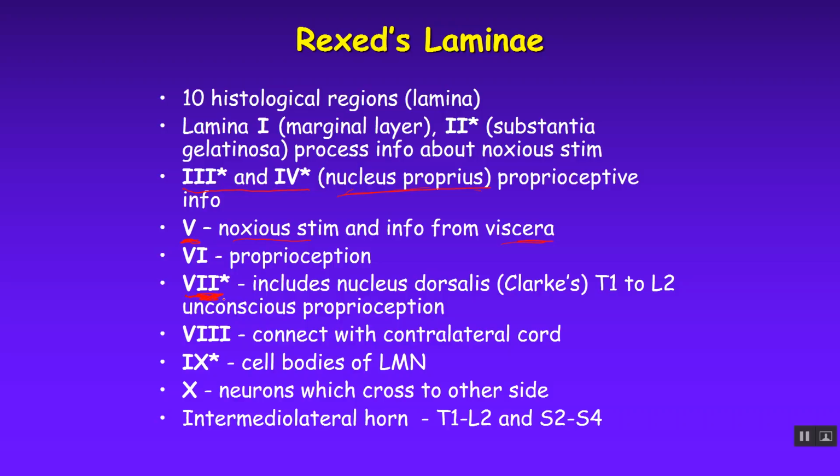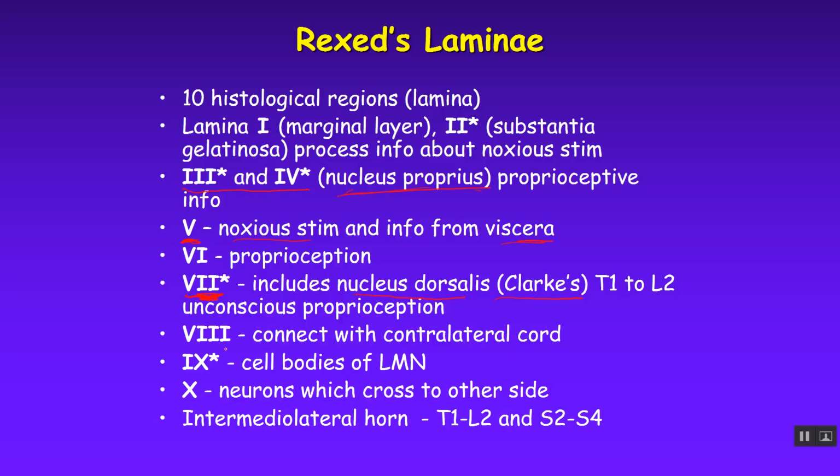Lamina number 7 includes the nucleus dorsalis, also known as Clark's nucleus, which we just mentioned, okay? T1 to L2 is where that sits. Remember, that's unconscious proprioception from spinocerebellar tracts that have a synapse with that. Lamina number 8.